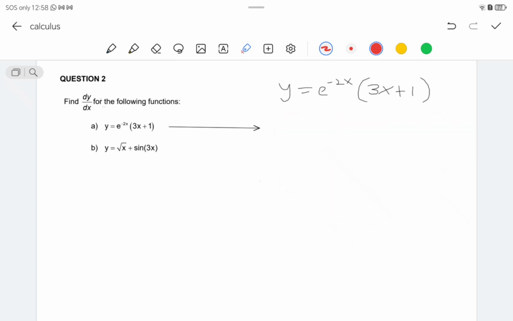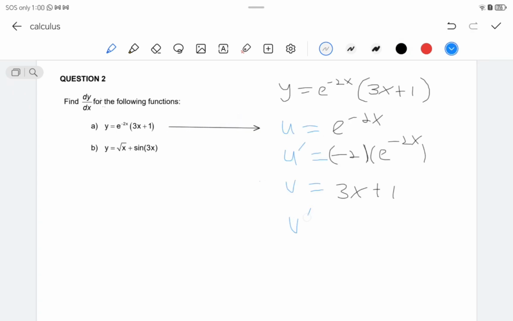First, let's make u as e to the power of negative 2x. Now let's derive e to the power of negative 2x and make it into u prime, which is equal to negative 2 times e to the power of negative 2x. Now our v is equal to 3x plus 1 and its derivative is 3.